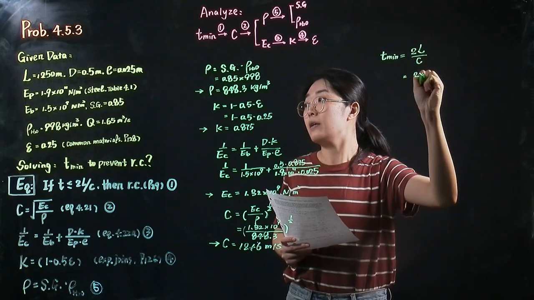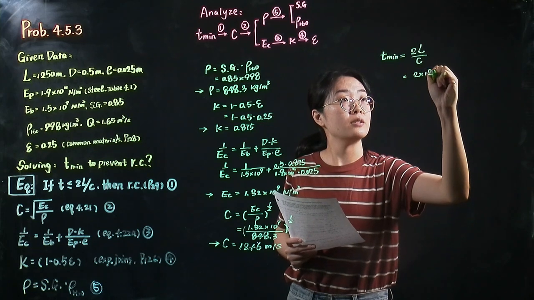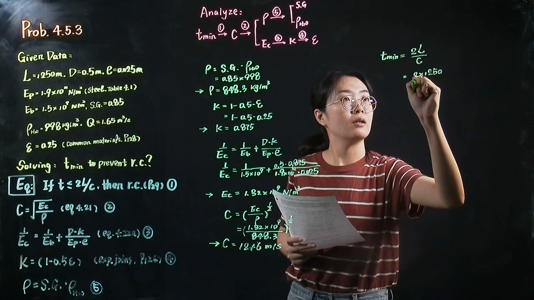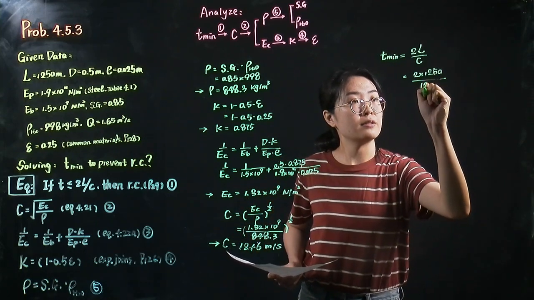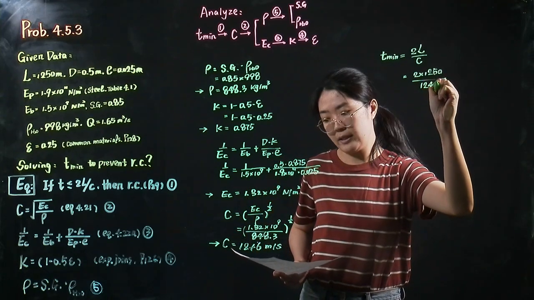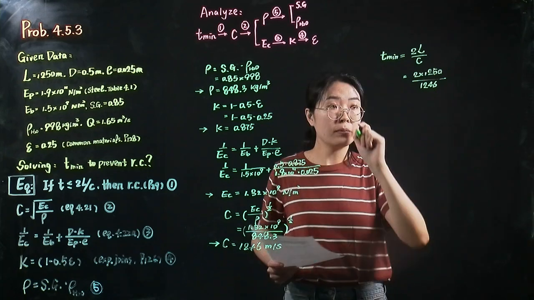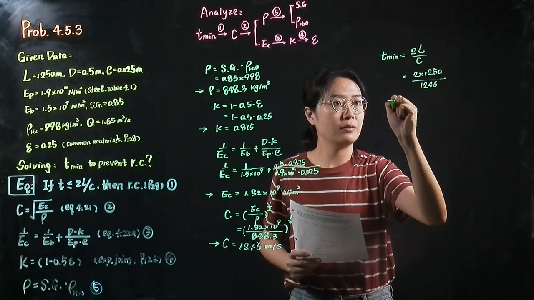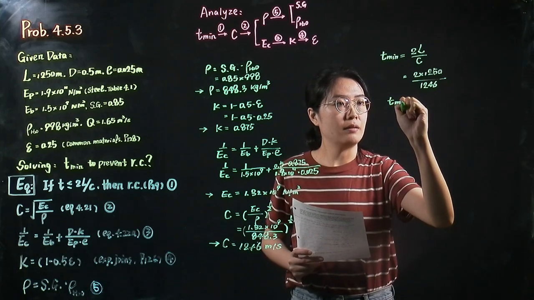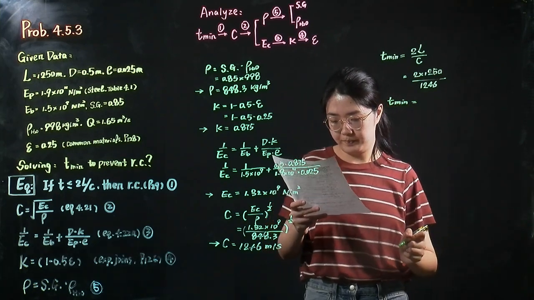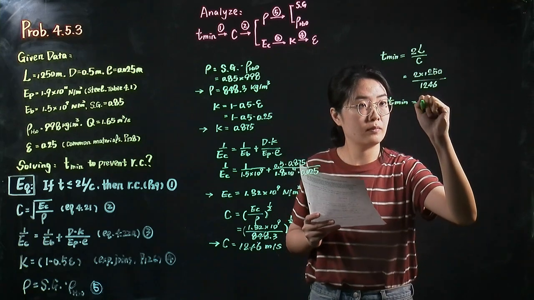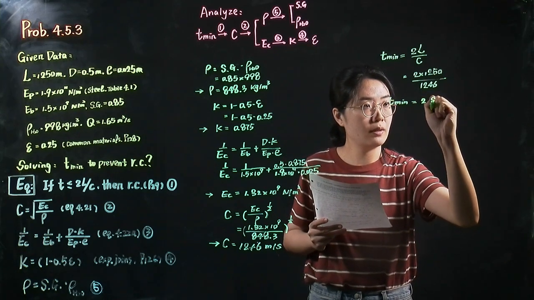The length is 1,250 meter. The celerity is 1,246 meter per second. Then we can get the minimum time. It equals 2 seconds.